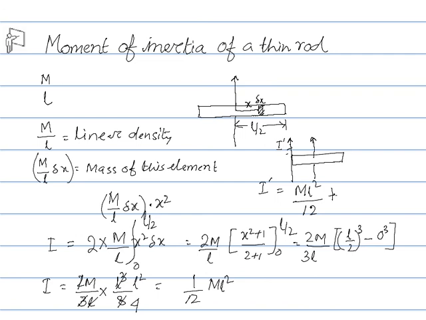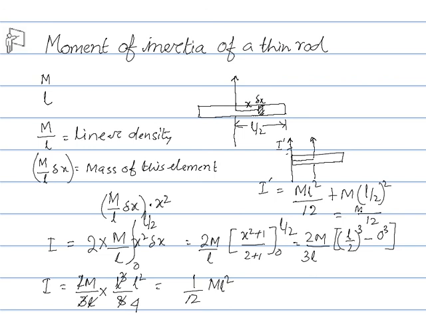plus the product of the mass of this rod and the square of the distance between the axes. This distance is L by 2, so squaring it, m times L by 2 squared is m L square by 4.